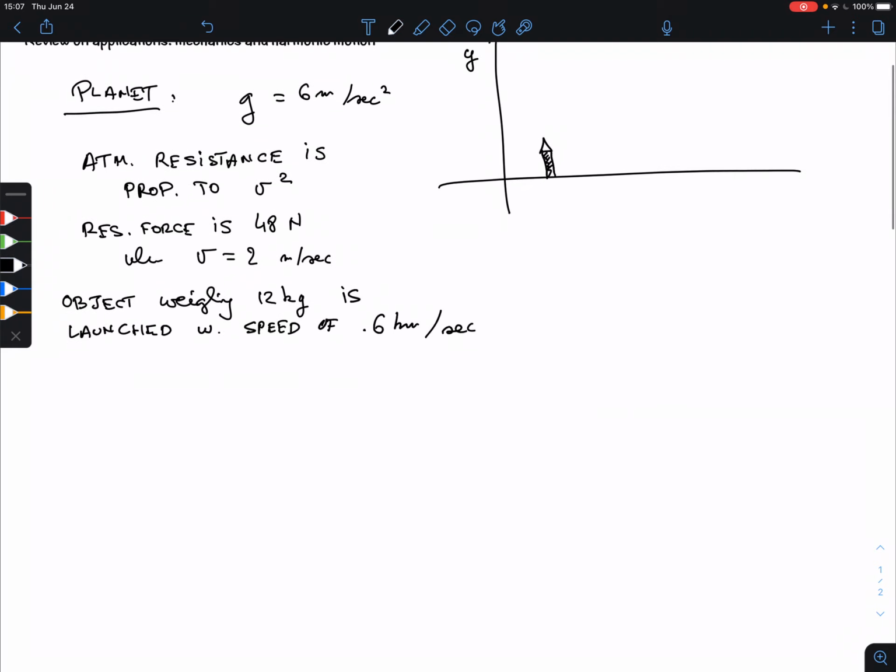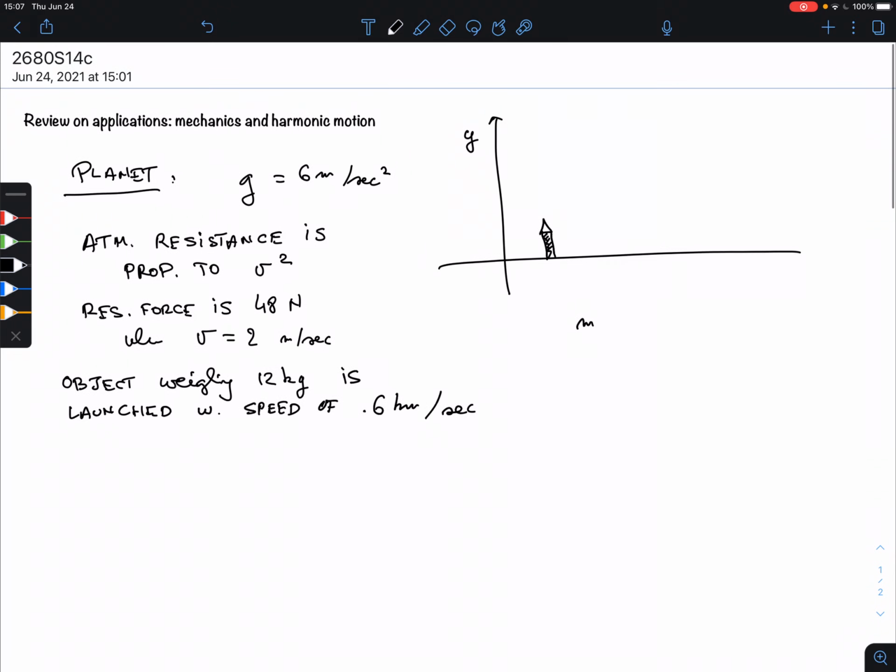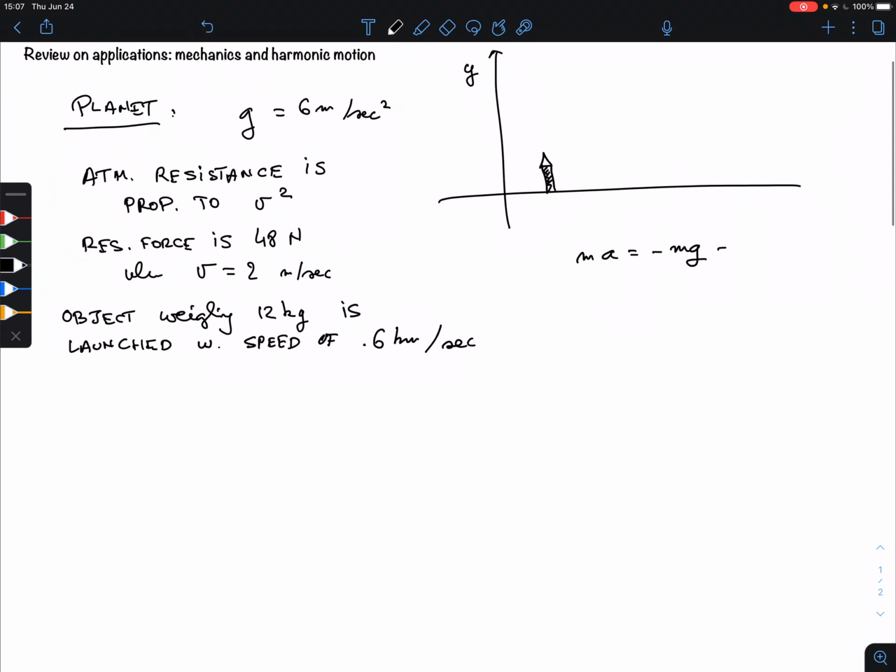So this is the setup. First of all, what do we need? We know that the equation is ma equals minus mg minus, so now we have to think about it. Since we are going up, the resistance is also positive, right?